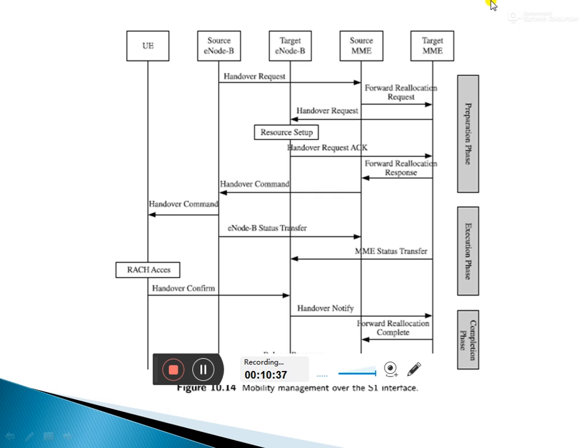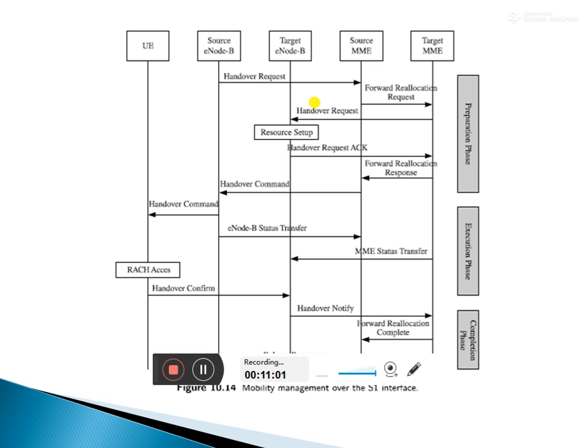First is the preparation phase, which decides what operation will take place. First, the source eNode B has to send the handover request to the source MME, the mobility management entity.